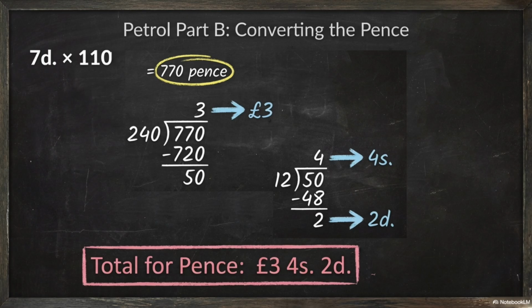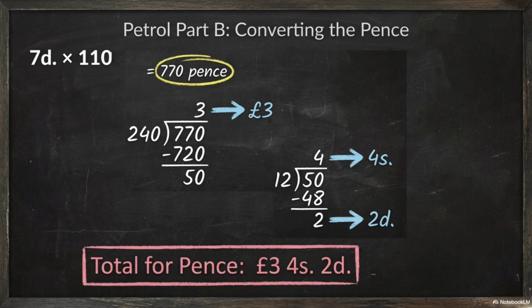So 110 7 pences is 770 pence. So we divide this by 240, which is a long division, which is fine because we know that 3 24s is 72, don't we? Because we know from our 12 times table that 6 times 12 is 72, therefore 3 times 24 is 72. So 3 times 240 is 720.